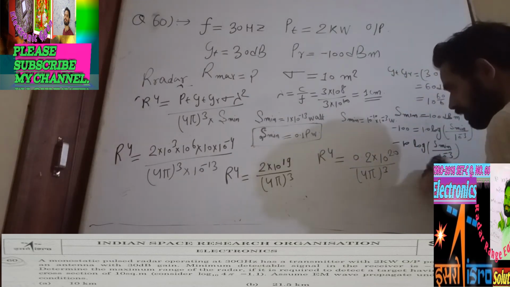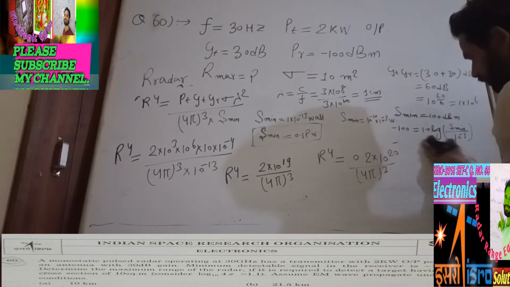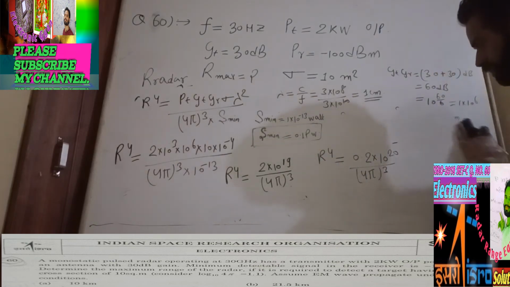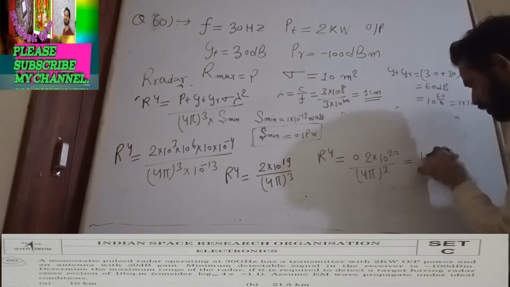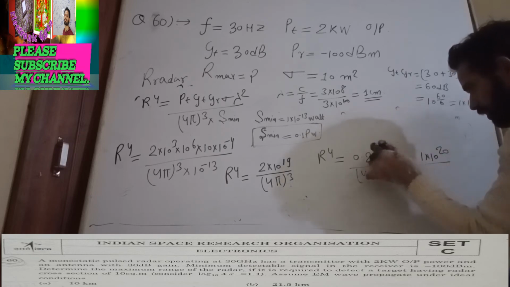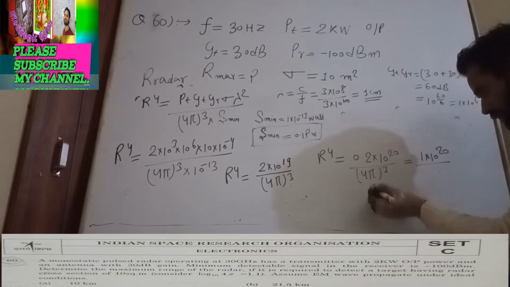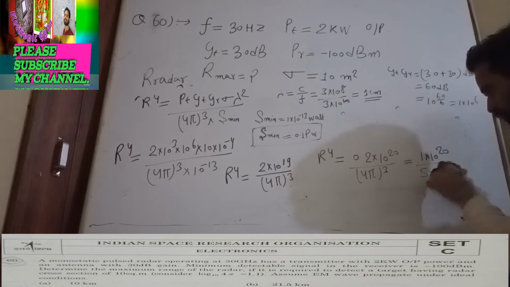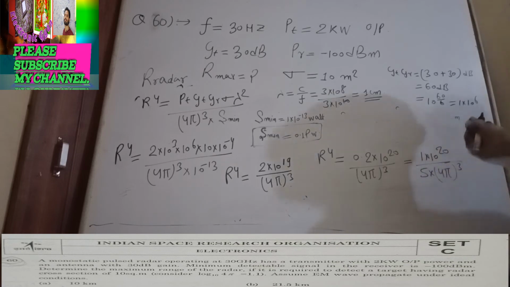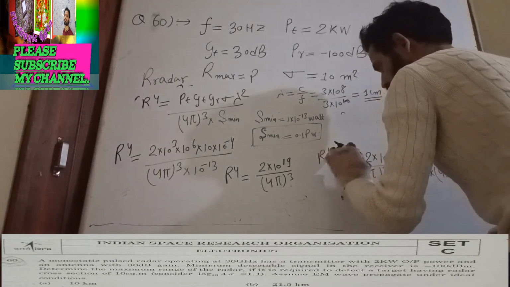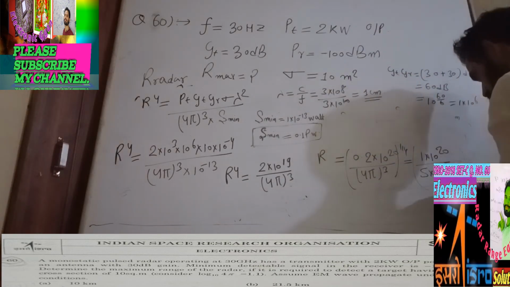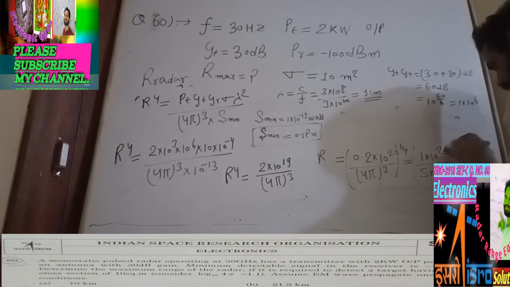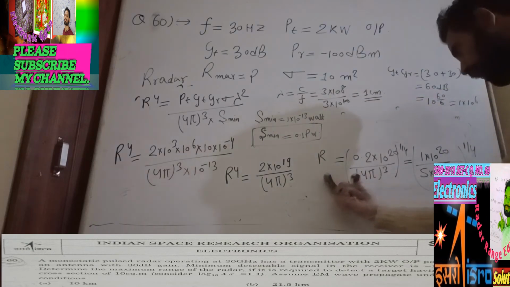Now here, for the 0.2, we will take it down: 1 into 10 to the power 20, divided by 5 into 4 pi whole cube. So R is equal to this, to the power 1 by 4.